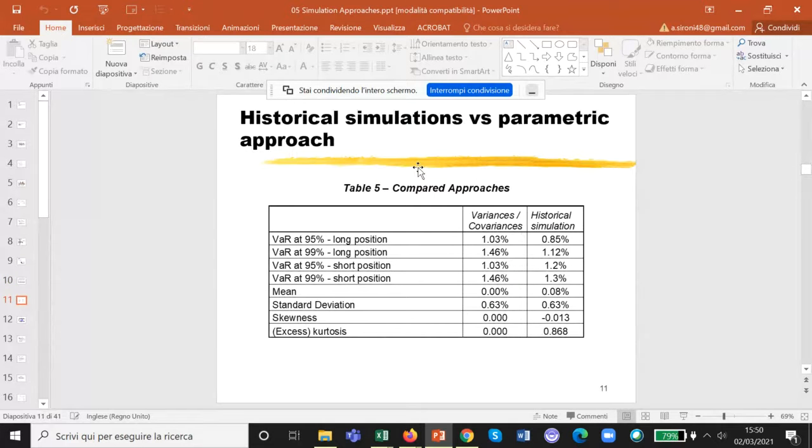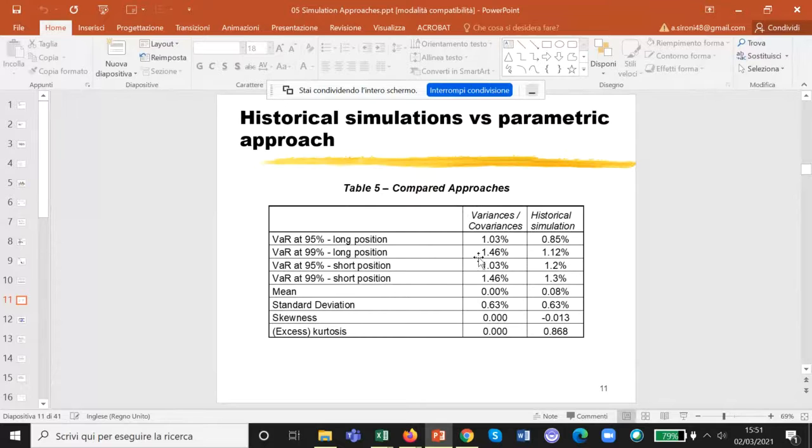Those are the results you get. So for example, if you have a long position and you want value at risk with 95%, historical simulation would be 0.85. The parametric approach would be 1.03. At 99%, remember it was 1.12. The parametric would be 1.46.